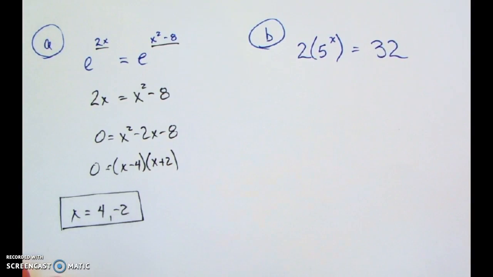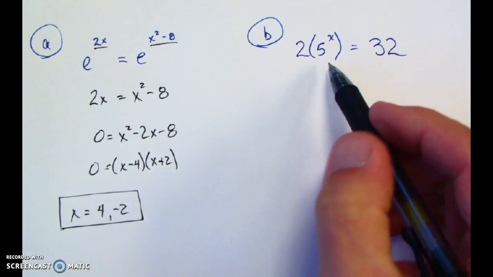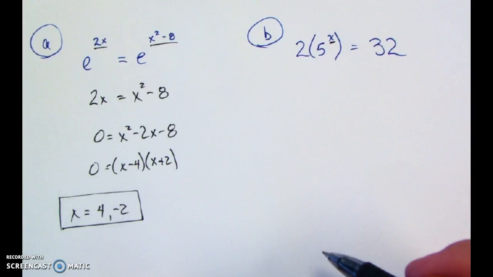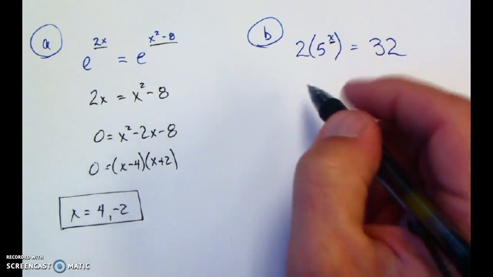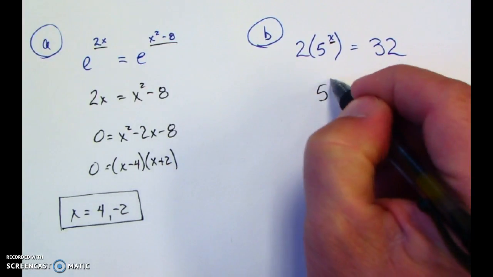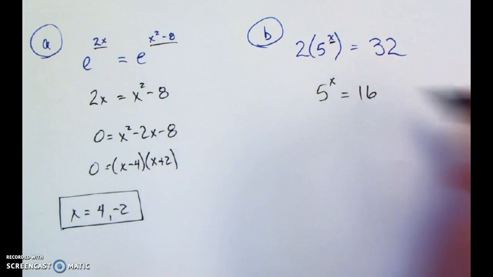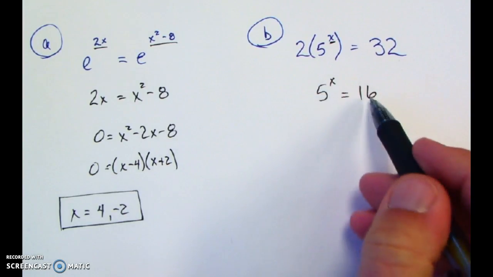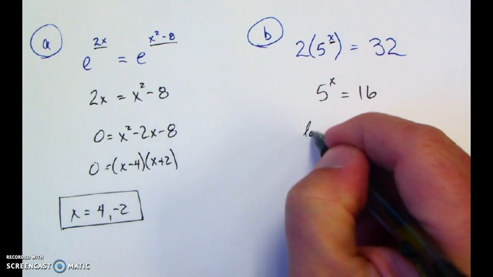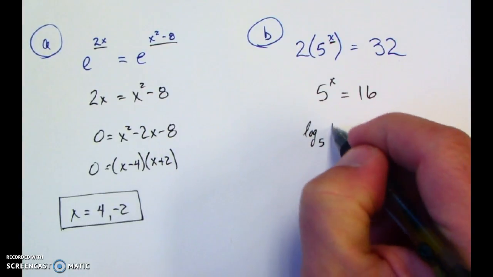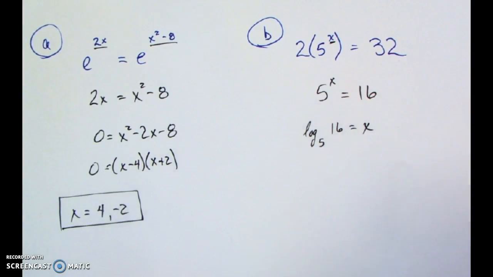So those would be our two answers there. Over here, our exponent is a variable. We're going to need a logarithm to be able to solve this. First, I'm going to divide the 2 over. So I'll have 5 to the x. We want to get our base with the exponent by itself first. Now 5 to the x equals 16 as far as a logarithm goes. Our base is 5, so log base 5 of 16 is equal to x.